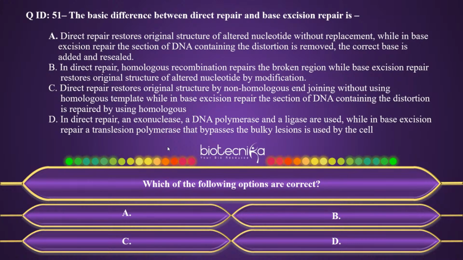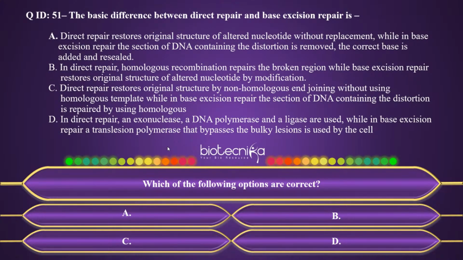Option D says that in direct repair, an exonuclease, a DNA polymerase, and a ligase are used, while in base excision repair, a translesion polymerase that bypasses the bulky lesions is used by the cell. This option is also incorrect. Option A is the correct one here, right?